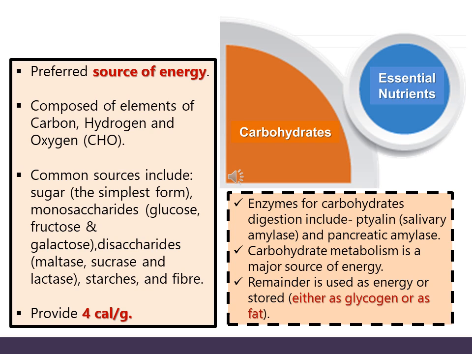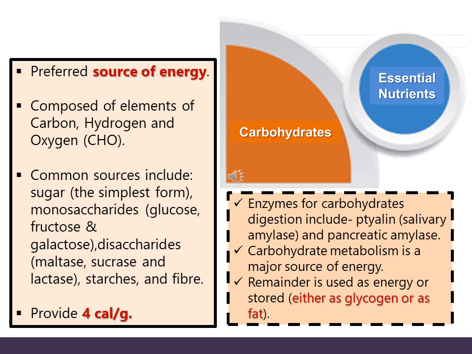Our common sources of carbohydrates normally come from sugar, the simplest form, or from complex forms of sugar such as glucose, fructose, and galactose. They could also be derived from other sources such as starches and fiber.